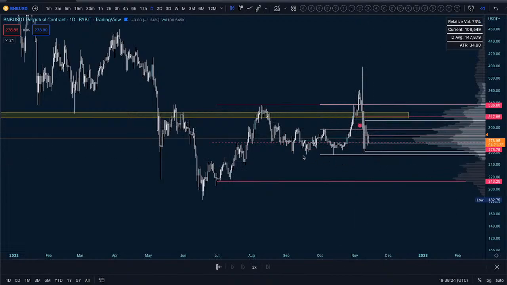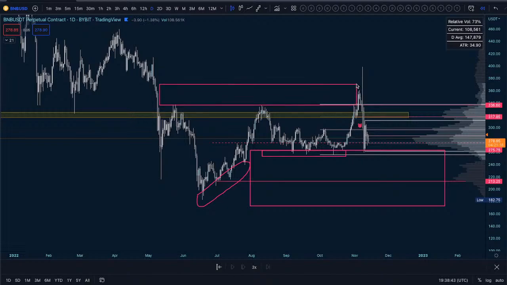The liquidity is below these guys and across these lows, because these have never been challenged. On the upside, where was the liquidity? Here, and we just took it out. So downside looks more juicy than the upside.